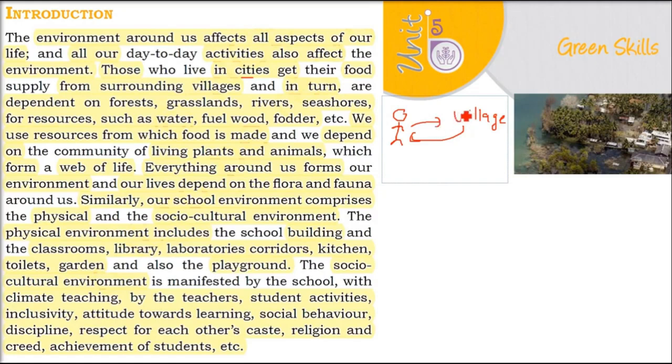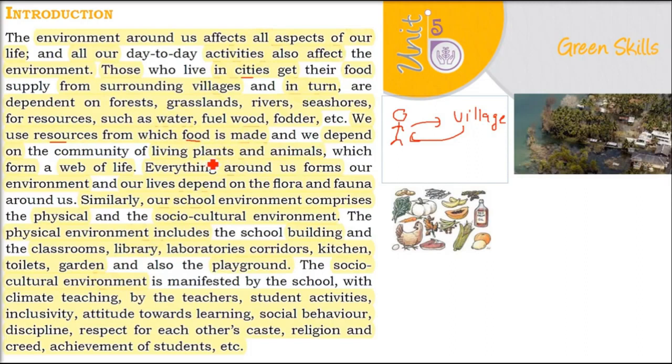Cities and villages, everyone, we are dependent on forests, grasslands, rivers, seashores, and on resources like water, fuel, wood, fodder. We are using it because we need food, and we are dependent on living plants and animals.